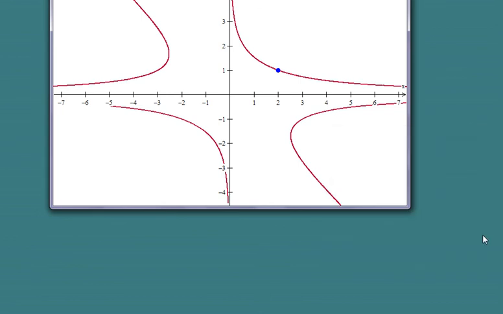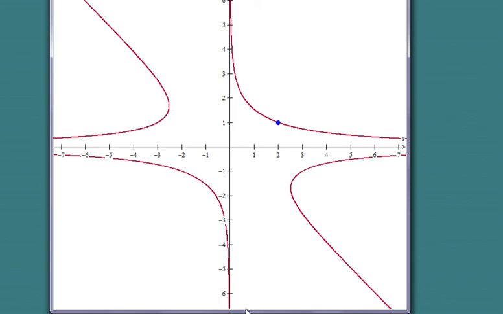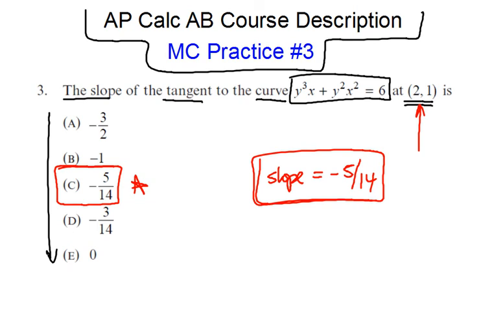All right. Now again, this is not something that you'd be expected to produce a graph of or know what it looks like. That really is a tool for software. But this is what the graph is. The point (2, 1), which is our target point, is singled out here with a blue dot. And what I'm going to do now is just write an equation for the tangent line that passes through this point and has this slope.